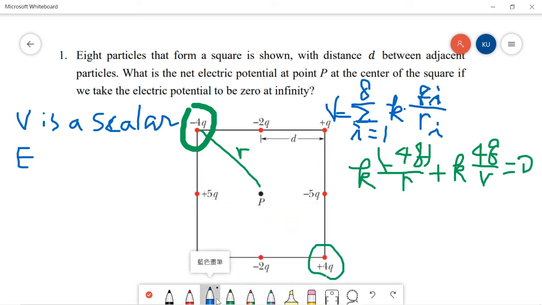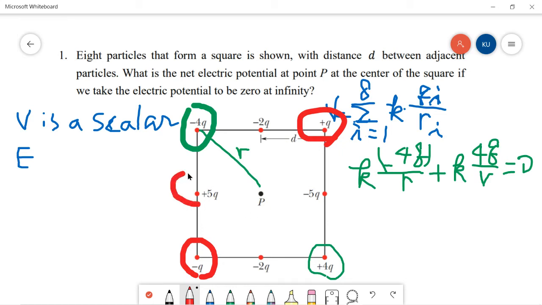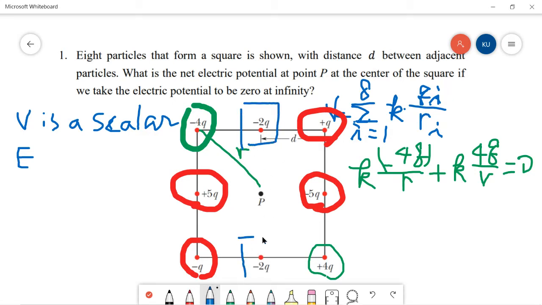Actually, I can use red color: minus Q plus Q. These two charges also generate a voltage of 0. And likewise, for this one and this one, minus 5Q plus 5Q, they sum to 0 volts at point P. So the only remaining charge is minus 2Q here.